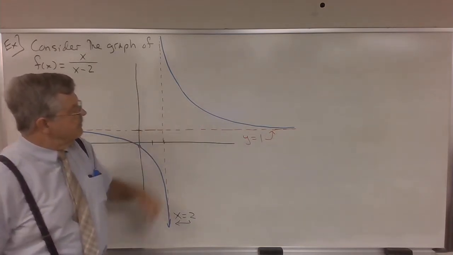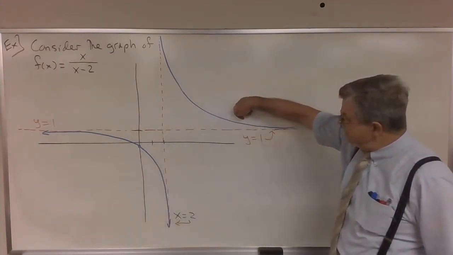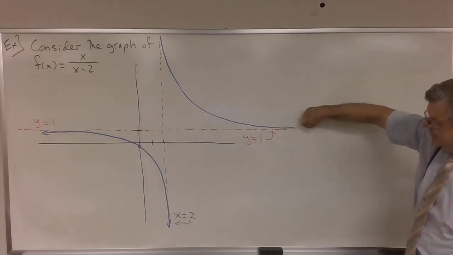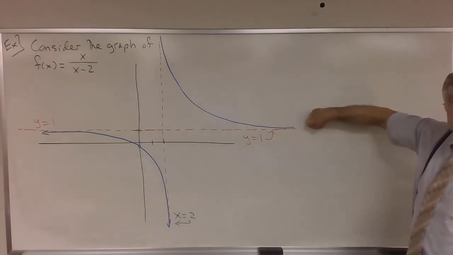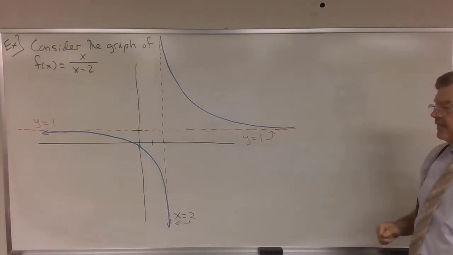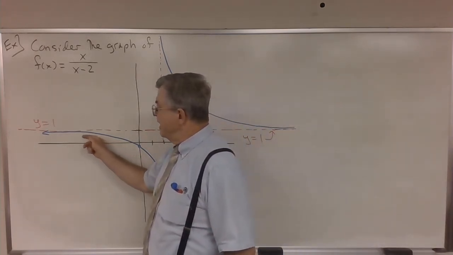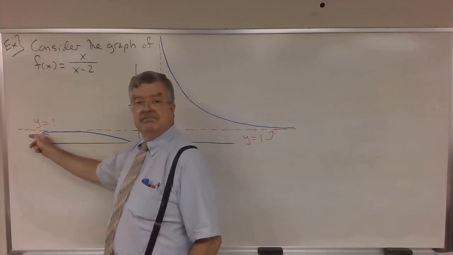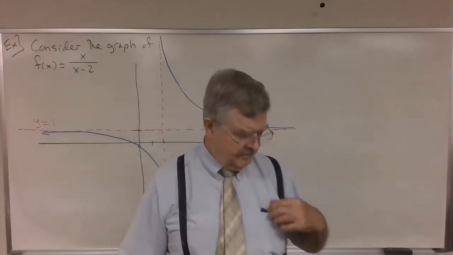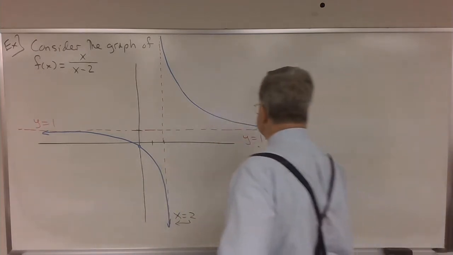Isn't it out here where x is approaching infinity? Or isn't it over here where x is approaching negative infinity? So that's an observation we need to make.